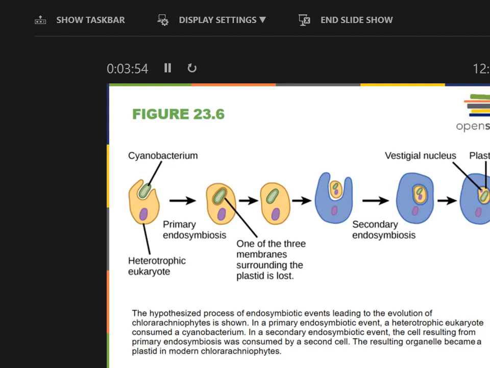Fantastic. But you still have not explained how you get a eukaryotic cell, because what are you missing? Yeah, I mean, where on earth did the nucleus come from? That is the defining characteristic of what makes a eukaryotic cell a eukaryotic cell. And having a mitochondrion does not explain where the nucleus comes from.